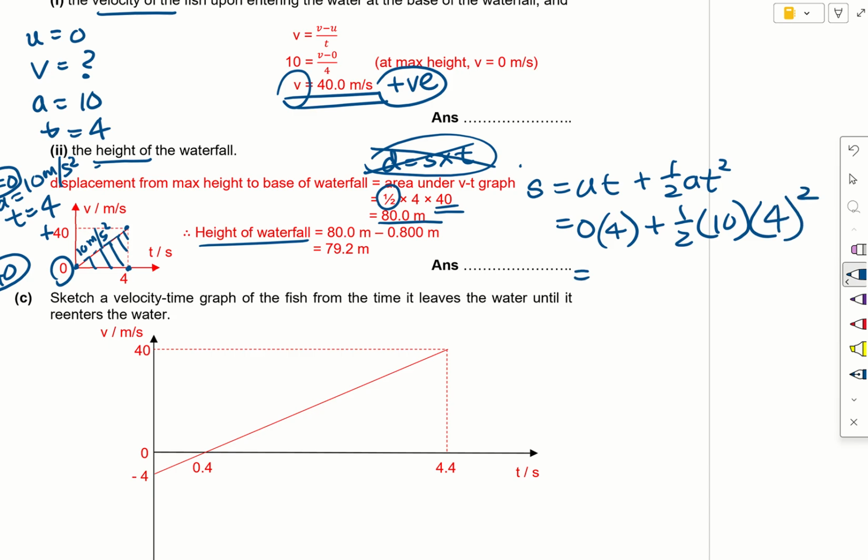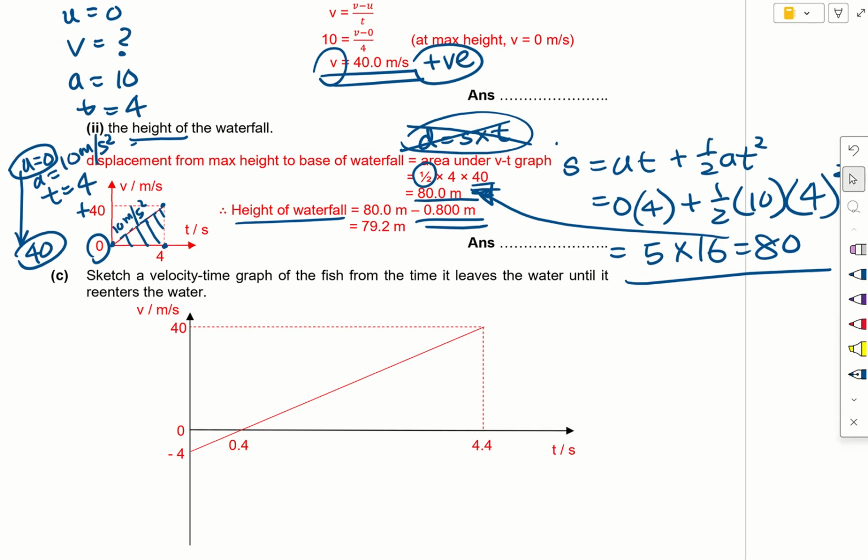So equals 5 times 16 equals 80. We still get the same answer of 80, but you still need to subtract away this 0.8. I'm not saying that you cannot use this formula. Some of you may want to use this formula, but if the question asks you to solve graphically by drawing a v-t graph, you have to do that.